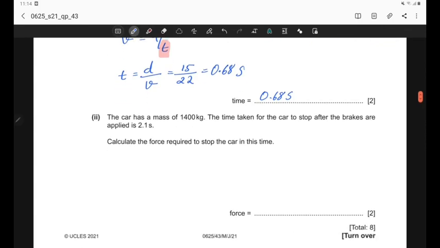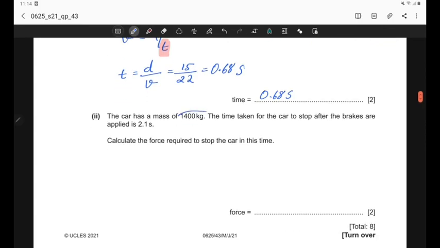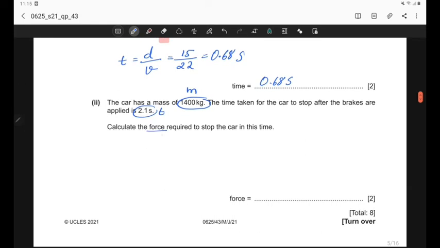Part 2: the car has a mass of 1400 kilogram. The time taken for the car to stop after the brakes are applied is 2.1 second. Calculate the force required to stop the car in this time. So here we need to calculate the force, the time and mass already given.